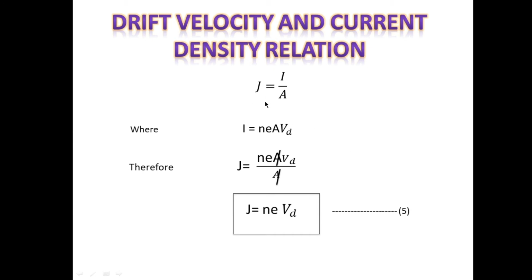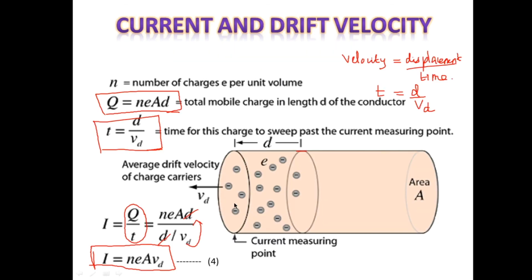The current density is given by the amount of current flowing in the given area. Out of this, we know the current value from equation 4: that current will be given by N E A Vd.